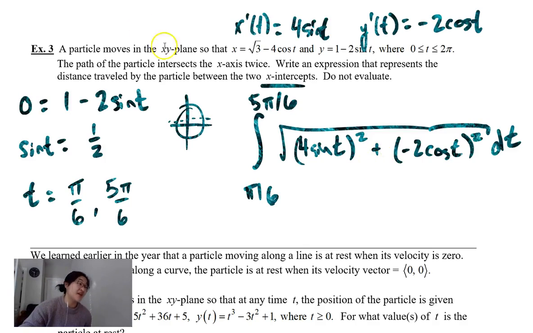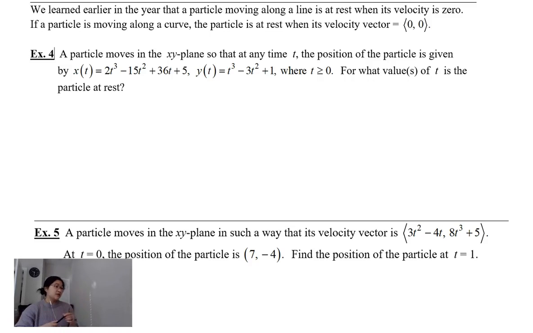It is your friend. So earlier this year we did learn that when you have a particle that is at rest, then its velocity is 0. And if you have a particle moving along a curve, the particle is at rest when its velocity vector is the 0 vector. That makes sense. If you don't have vertical or horizontal motion, then you don't have motion.